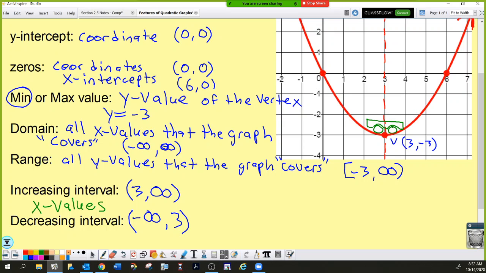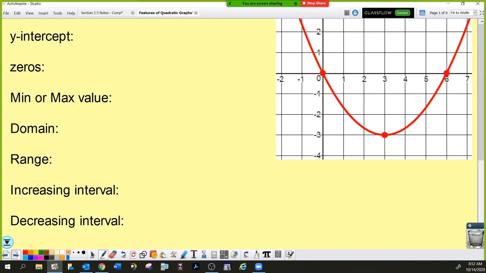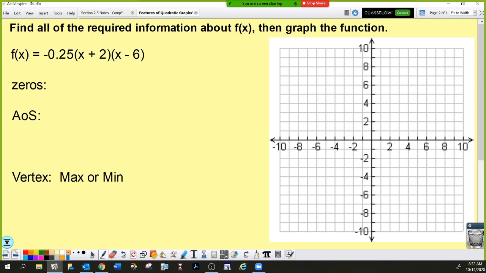All right. So let's do an example where it's not pre-graphed. The very first job you're going to have is graph it. How do we graph it? Well, you first identify what type of quadratic you're looking at. That's why my goal number 1 over there on the board says determine the quadratic form.